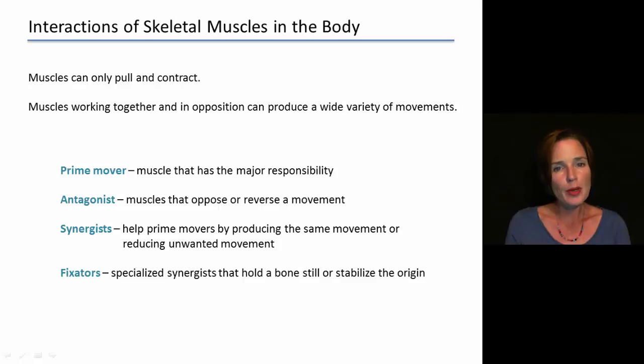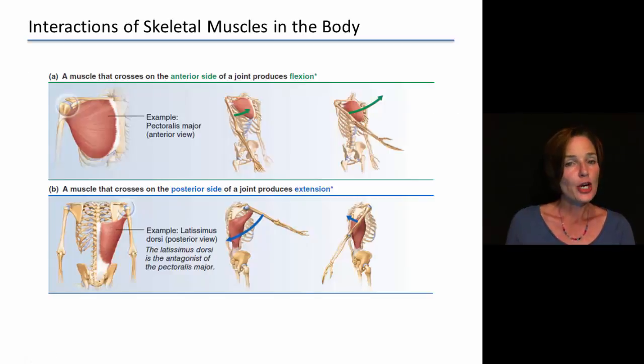So all of these will be working together to produce a specific movement, and we can get a lot more variety with our movements when we do have more collections of muscles that are actually working together. Here we have just a few examples of where we would have multiple muscles working together to move some body limbs. So here we can see some pec muscles that are involved in actually moving the arm.